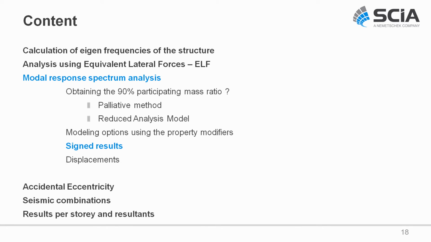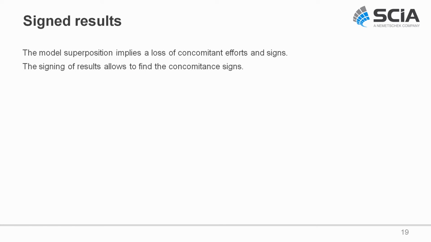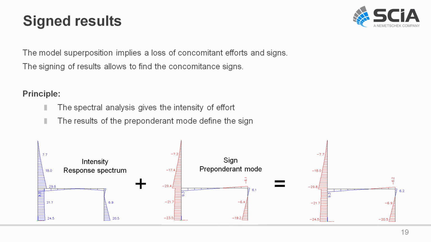We also have some tools related to results, such as signed results and results related to displacement. To obtain usable values of resulting forces, a possibility is the so-called signed results method. It consists of applying some signature scheme to raw results of the modal superposition.